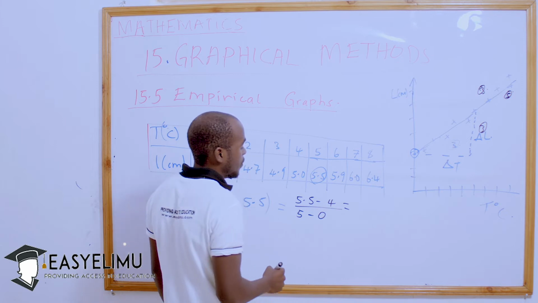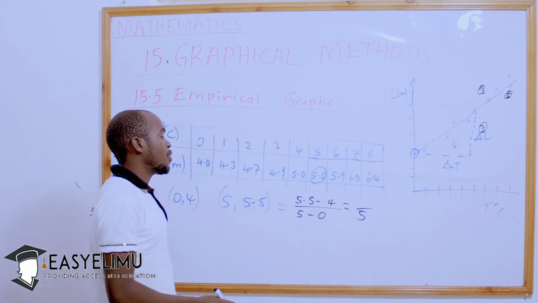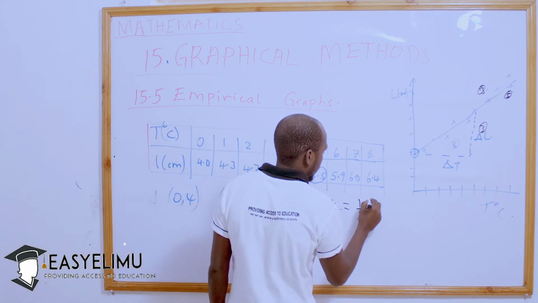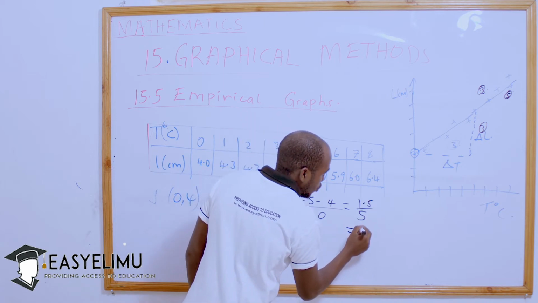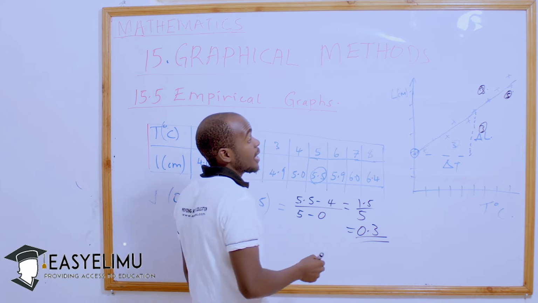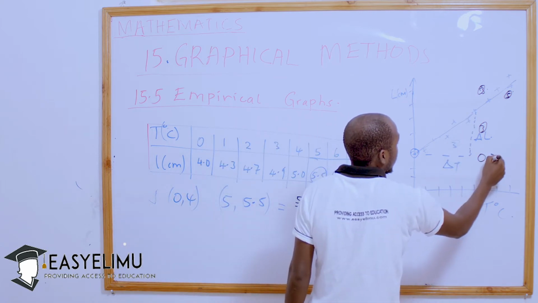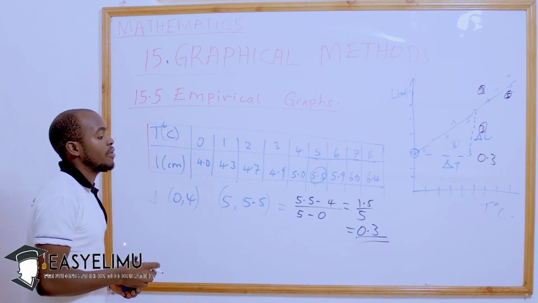So the denominator will be 5, and on top you are going to have 1.5. If you divide, this is going to give you 0.3. So the gradient of this line here is 0.3.